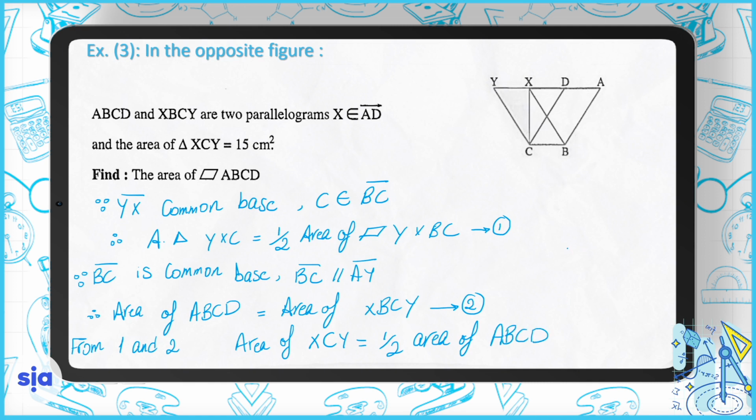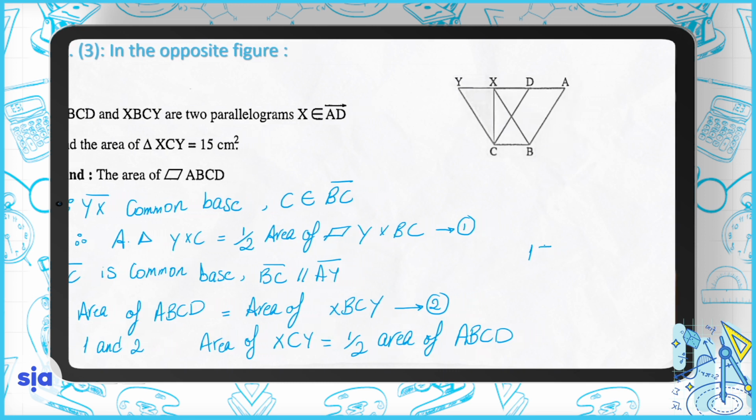XCY is given as 15. So 15 is half the area of ABCD. Therefore, the area of ABCD is double the 15, which is 30 centimeters squared.